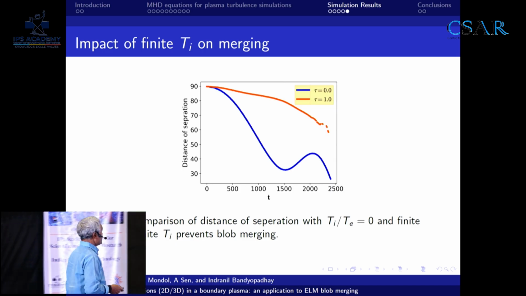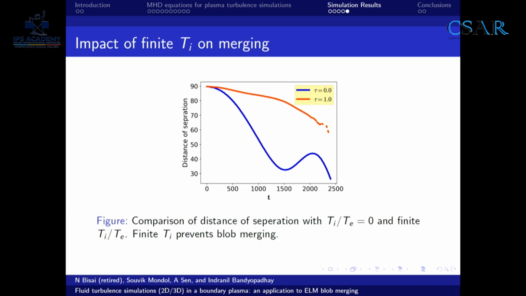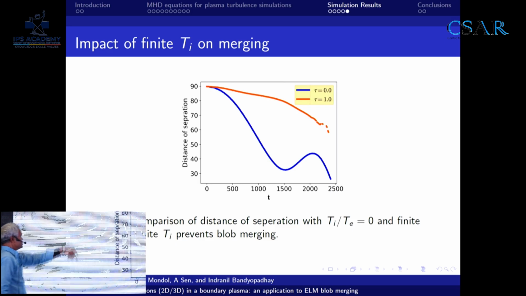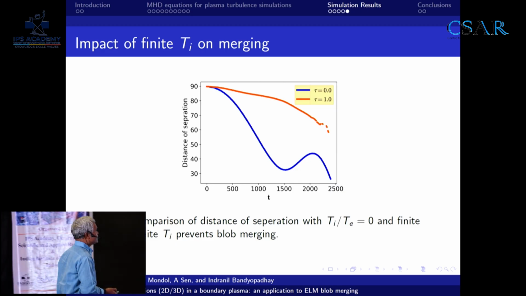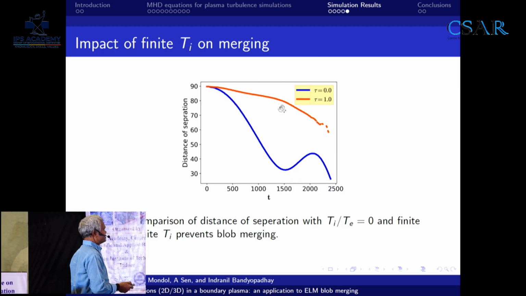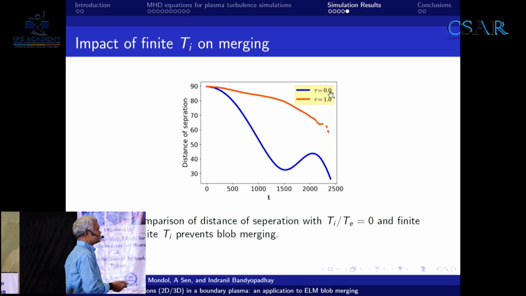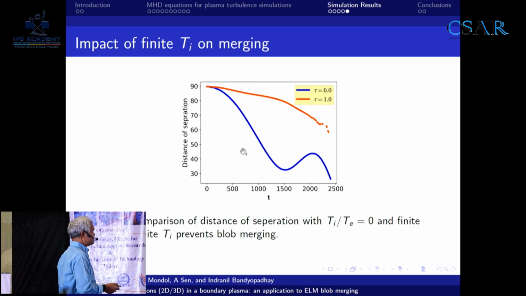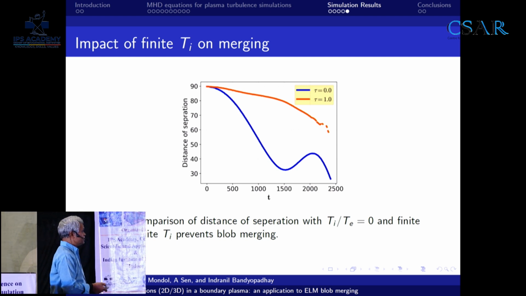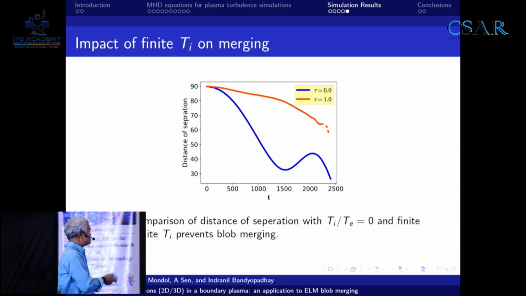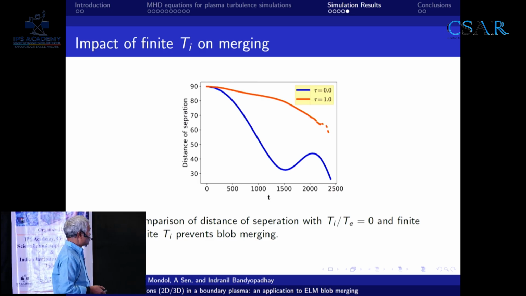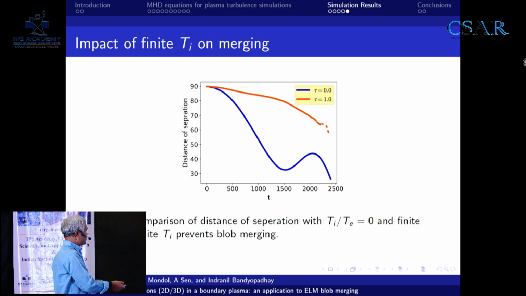Now, the important fact is, whenever Ti is taken into account, this red plot is the Ti case, and tau means Ti by Te, the finite ion to electron temperature ratio. This case is 0. We find that they are not coming closer, because after a long time their distance of separation still remains.